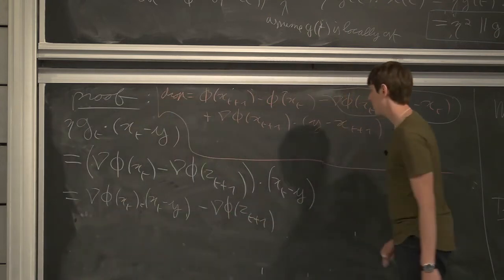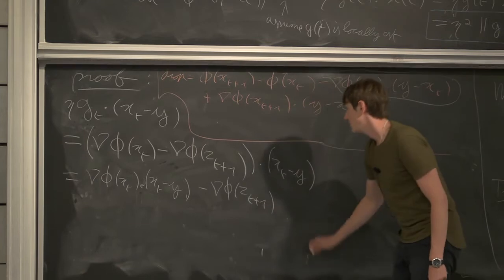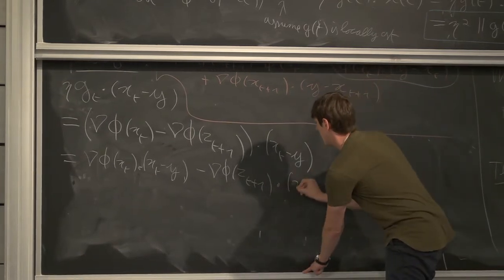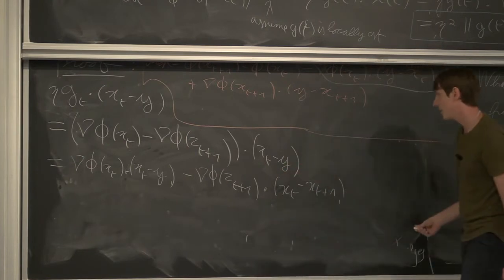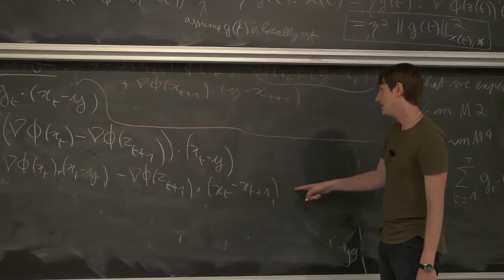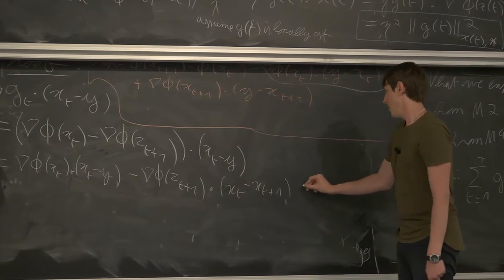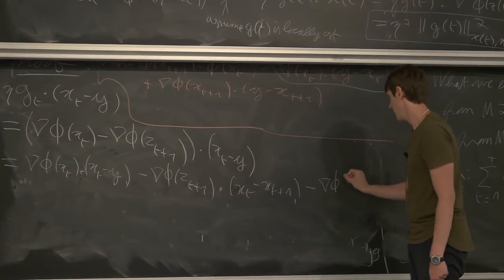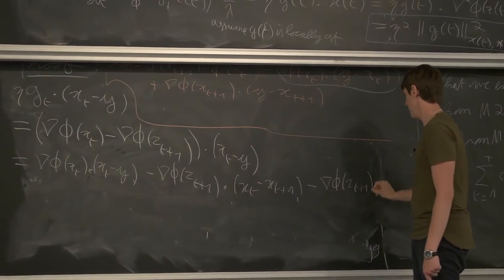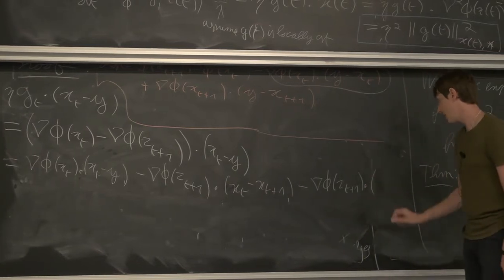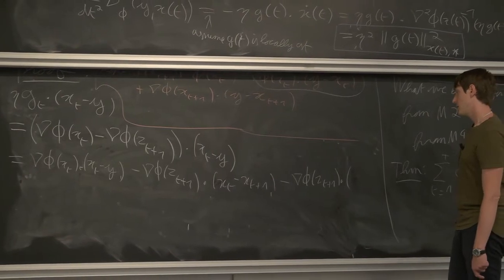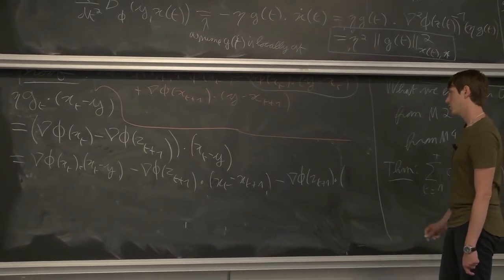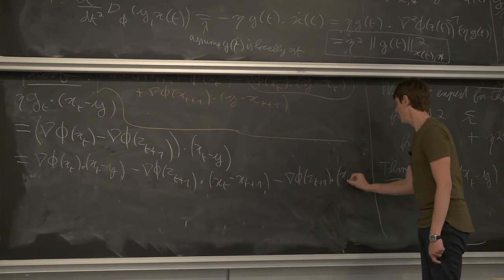So let's make x_{t+1} appear first. So what do I get? I get x_t minus x_{t+1}. That's a term I will have to deal with somehow. And then I get minus grad phi of z_{t+1} inner product with x_{t+1} minus y.